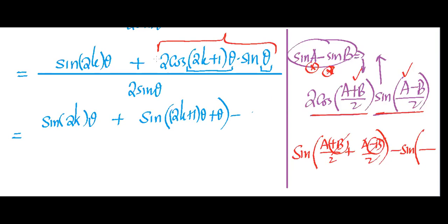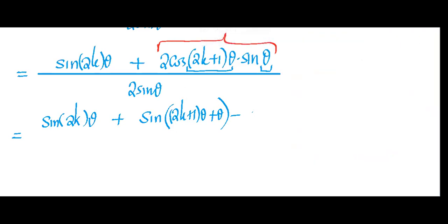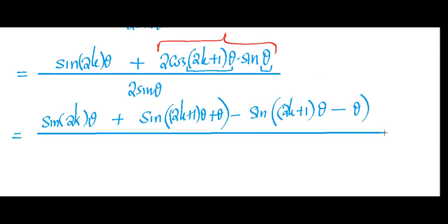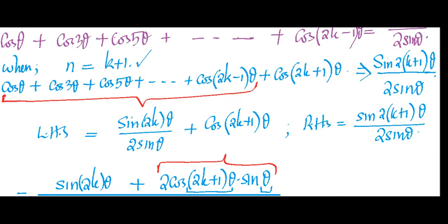Minus, because it is subtraction of sines. So minus sine of the two angles, 2k plus 1 theta minus theta. That's what we call the reverse process of the factor formula, because in my proof I need sines. Having seen a cos, I was forced to reverse.